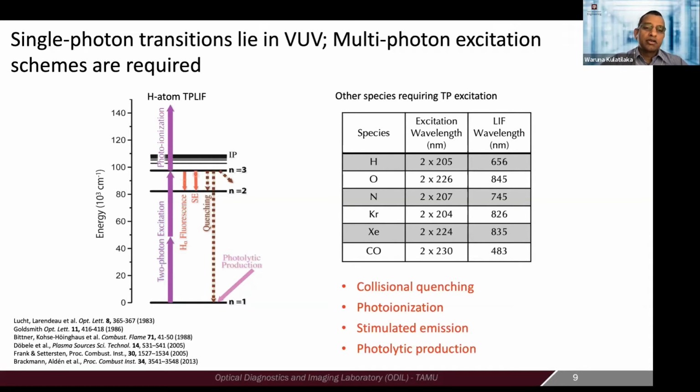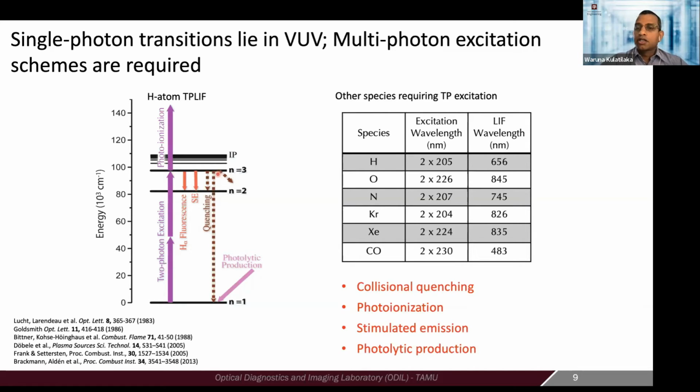But in addition to the fluorescence, if you do have very efficient excitation, you can have population inversion between these states, and then you can have what you call stimulated emission, in other words a laser-like signal coming out, which is not the fluorescence signal we want.